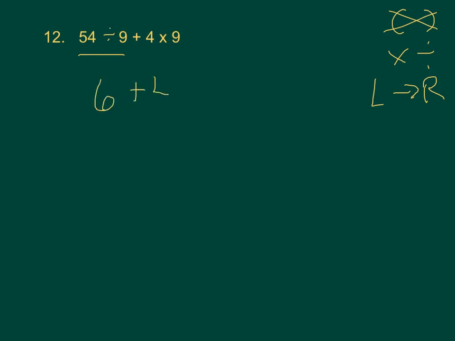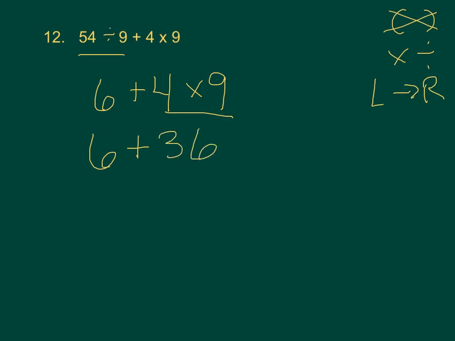Once I do that, I'm left with 6 plus 4 times 9. Now, I still have a multiplication dealio to resolve. So that means I'm going to hold off on this addition business, and I'm going to multiply 4 times 9. And that gets me 36.